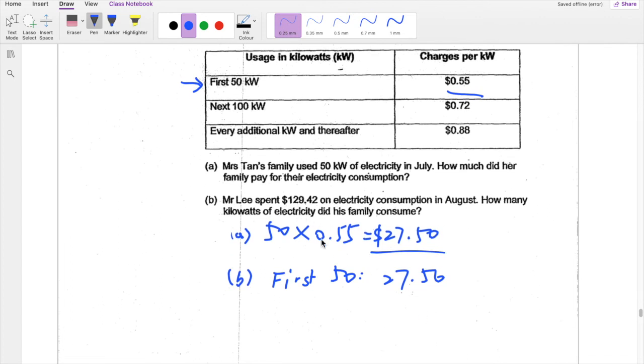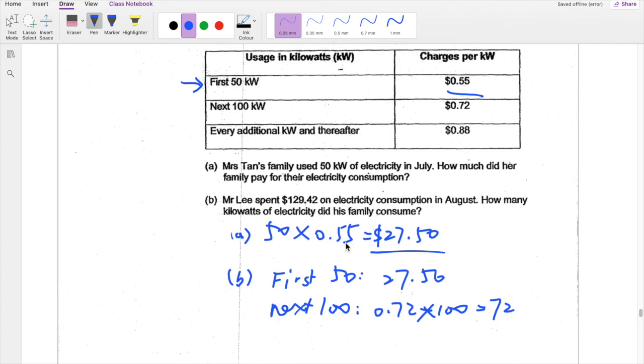Well, this is much more than that. Then how about the coming 100? For the next 100, the maximum is 0.72 times 100, so it's $72. But if we sum up these two, it's still less than this one.